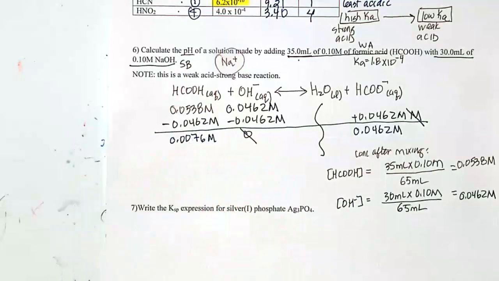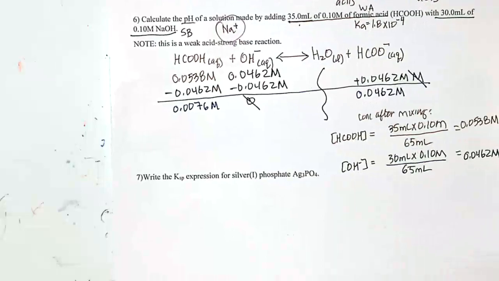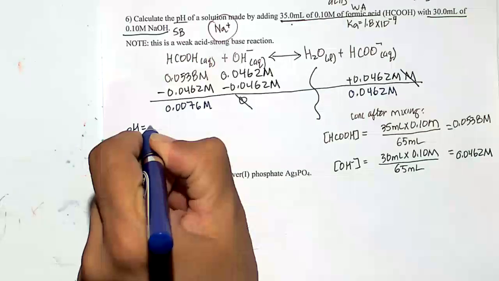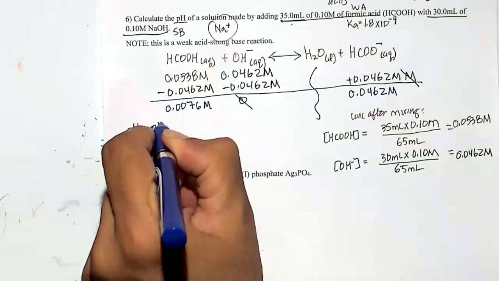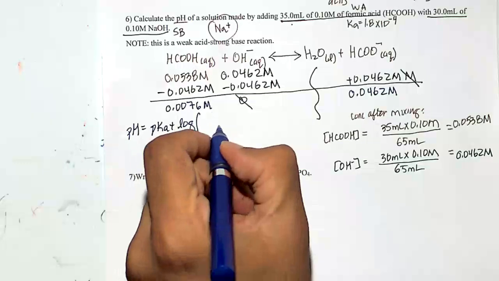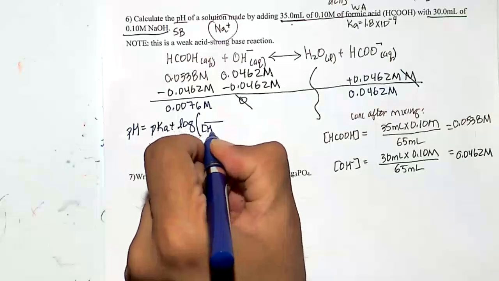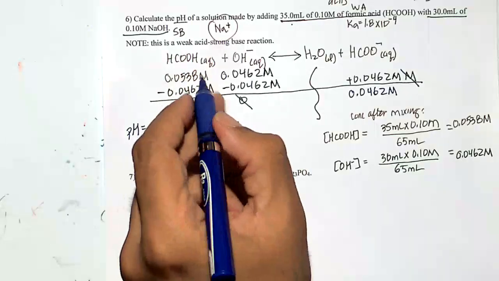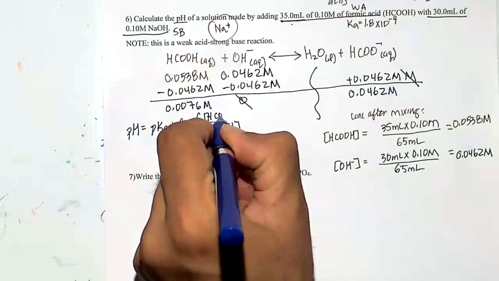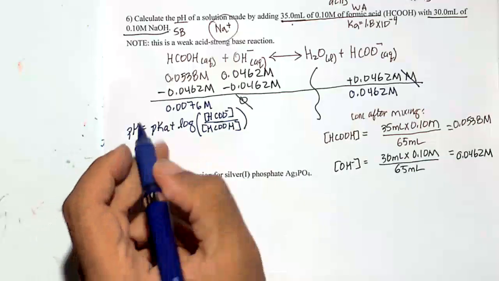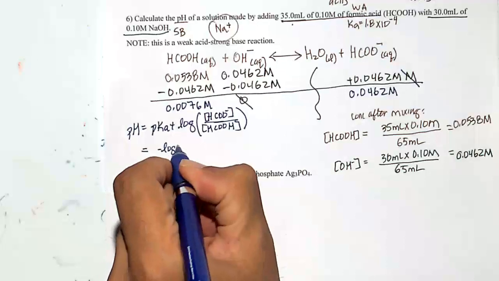So we'll use the Henderson-Hasselbalch equation. I'll give you that equation on the exam. pH is equal to pKa plus the log of, you drop the acid, and on the numerator you have the base. pKa is minus the log of Ka.